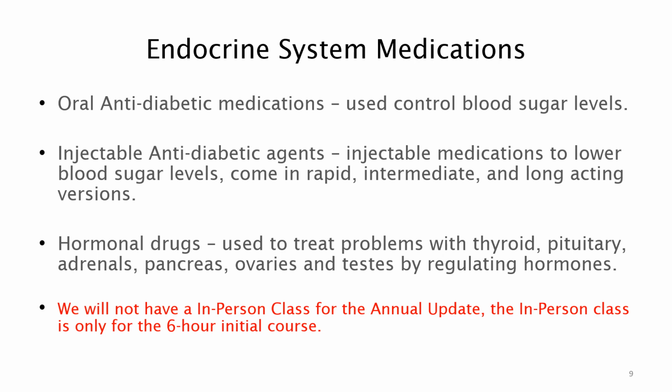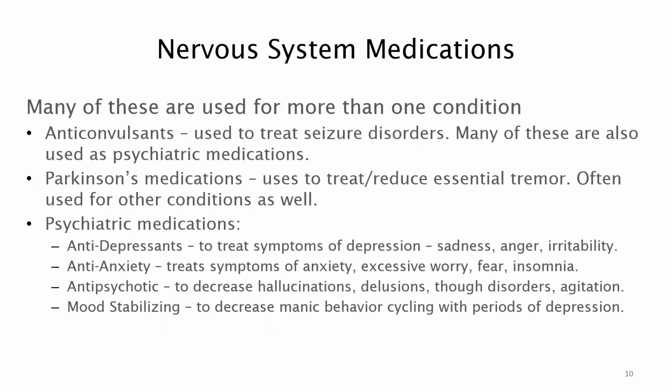And then hormonal drugs for thyroid issues, pituitary issues, adrenals, pancreas, ovaries, testes. You can give those types of medication. Nervous system medications. So with your nervous system medication, be thinking about brain disorders, nerve disorders.